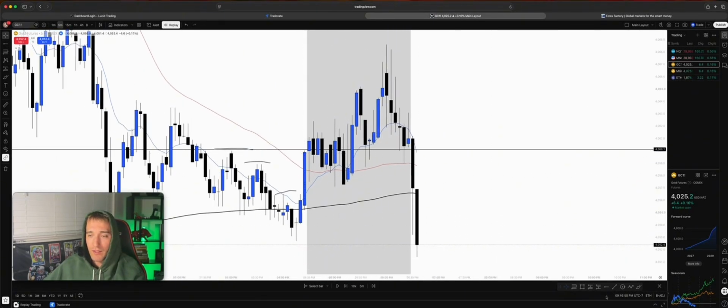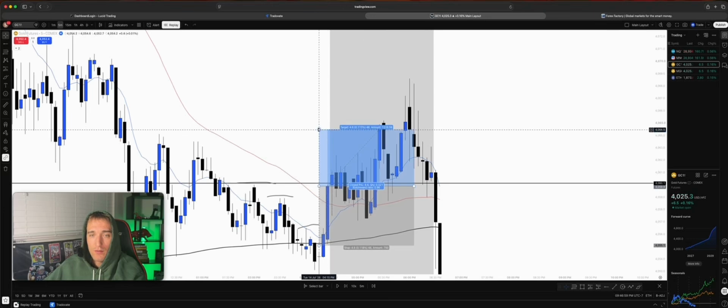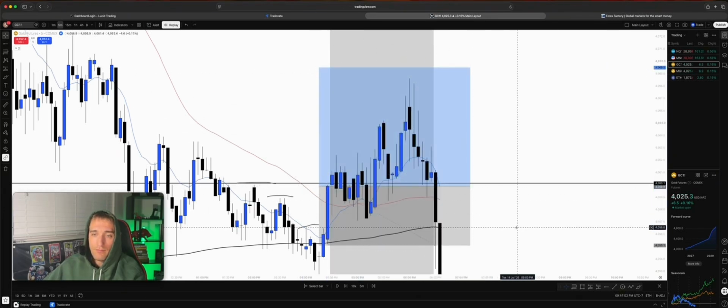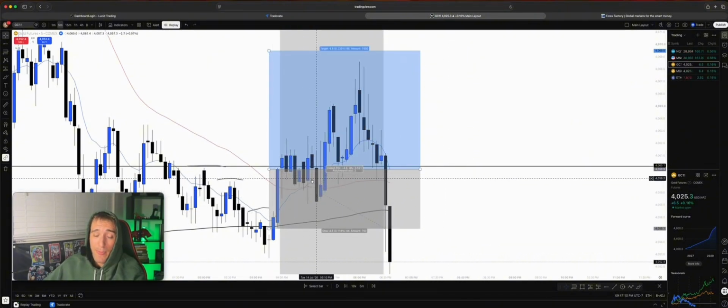Yeah, we could have taken the 13 EMA breakout right here, which was a little before the trading session. A 1 to 2 is up here. We would have never even got a 1 to 2 off that. We would have had to sit through 2 hours of sideways chop just for it to come back and tag us at break even.